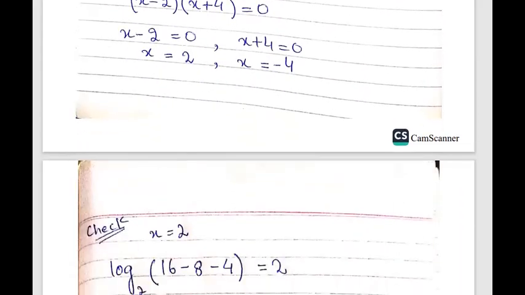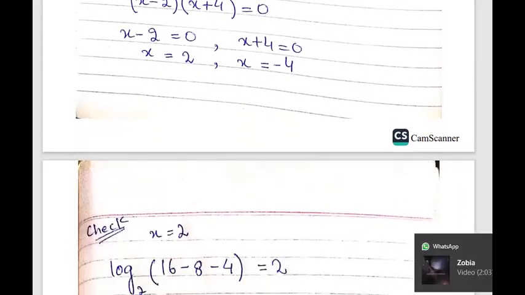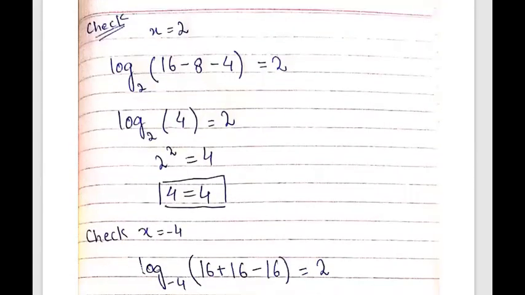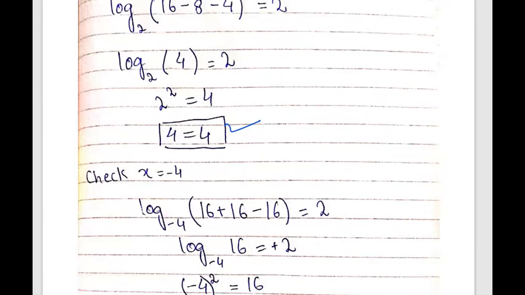So this is all about it. Now here is the check. You can check for x equal to 2, the given equation is satisfied, and for x equal to minus 4, you can check. If it is satisfied, then this is the solution, otherwise it's not a solution.